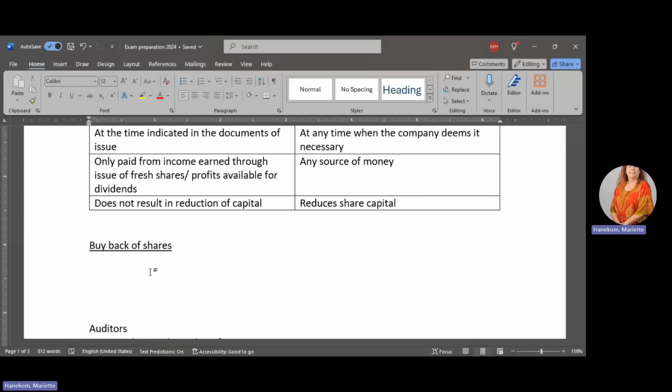This provision has, however, been changed in the Companies Act of 2004. All of this is discussed in Unit 14. Unit 14, capital maintenance is important.